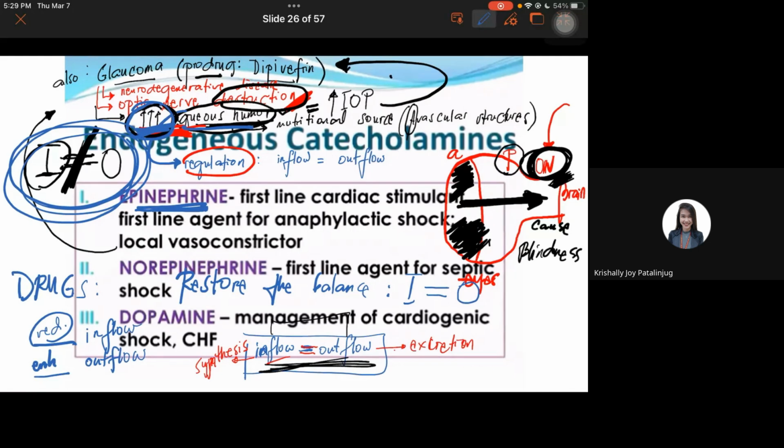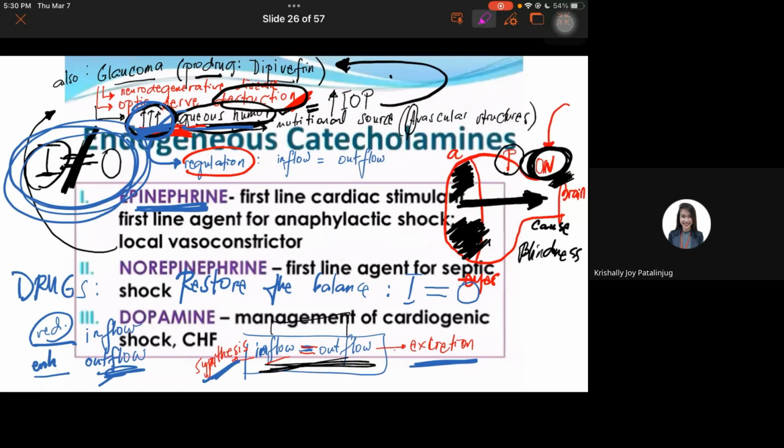I-reduce natin ang pag-synthesize sa aqueous humor. Diba? I-reduce natin para di mag-accumulate. And then, anong gagawin natin sa excretion, sa outflow? Atin i-enhance ang excretion sa outflow. So, yan yung mga mechanism ng gamot for glaucoma.